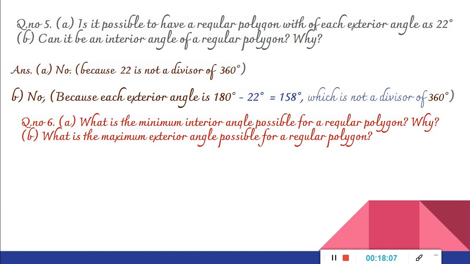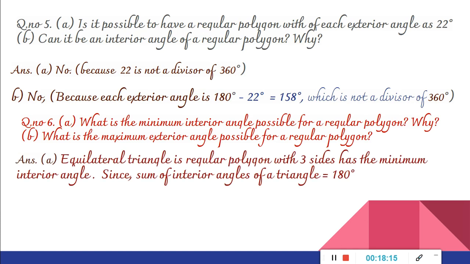That is an equilateral triangle, isn't it? 3 sides, 3 angles. So the answer is: an equilateral triangle, a regular polygon with 3 sides, has the minimum interior angle. Since the sum of interior angles of a triangle is 180 degrees, divided by 3, that is equal to 60 degrees. So each interior angle would be 60 degrees.